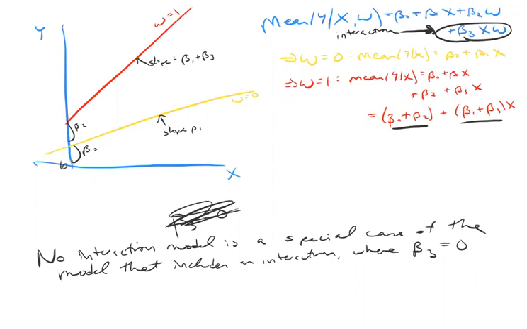Before I stop here, the other thing I want to say is that I've discussed this concept for an example where X is continuous and W is binary, but that doesn't have to be the case. For example, suppose I write down the same equation again.